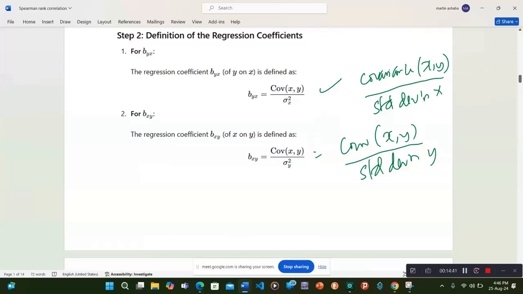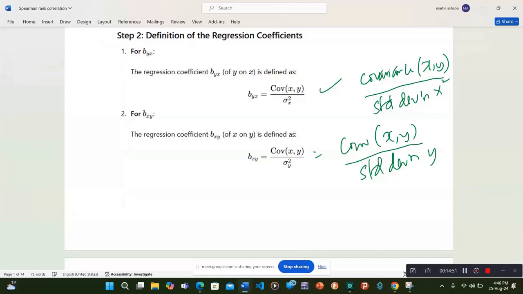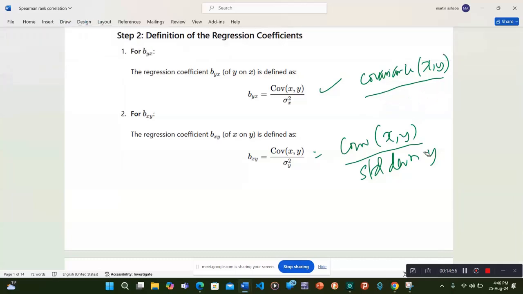Okay. Maybe this is squared, isn't it? So maybe let me change that one to be the variance. Because when we have, let me change it to be variance divided by the variance of x, variance of y, so that if I take the square root of this variance, I get the standard deviation.